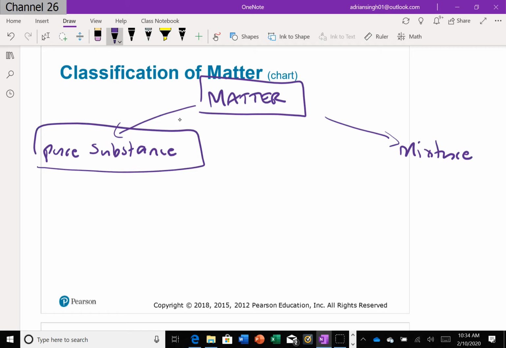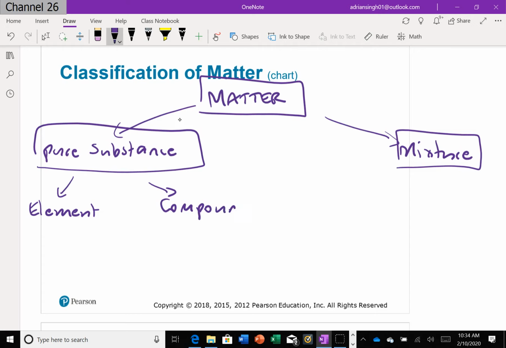And then each of these has a couple subcategories themselves. Right, so the pure substance can be either an element or a compound. And then the mixture can be either homogeneous or it can be heterogeneous.